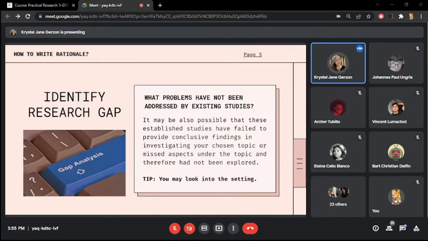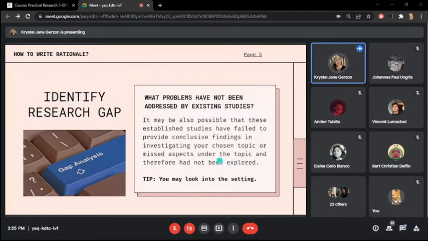For example, online game addiction. There are already many studies on online game addiction, but what is it that other studies did not touch or did not explore? It may also be possible that these established studies have failed to provide conclusive findings in investigating the chosen topic, or missed aspects under the topic and therefore had not been explored.